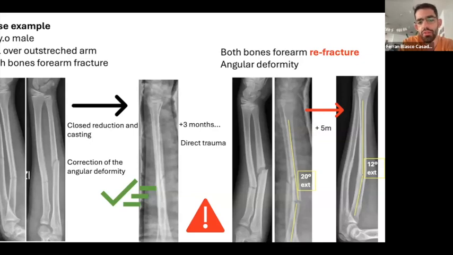But after 3 months, the patient suffered another trauma in the upper limb and sustained a both bones forearm fracture. As you can see in the X-ray, there is an angular deformity of 20 degrees in extension in the midshaft of the radius. After closed reduction and casting, 12 degrees of extension deformity persisted in the midshaft of the radius.